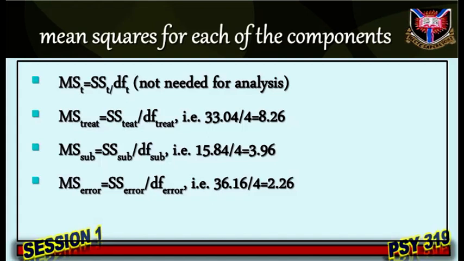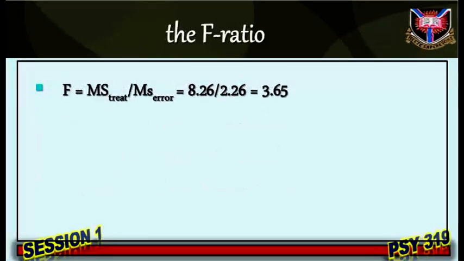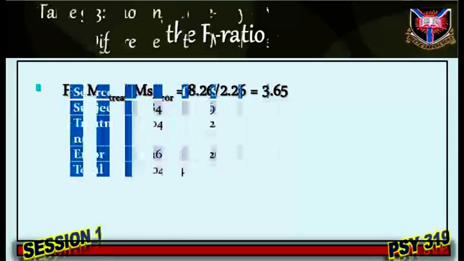MS error is equal to SS error divided by DF error, that is 36.16 over 16, equal to 2.26. Compute the F ratio. F is equal to MS treat over MS error, which is 8.26 over 2.26, equal to 3.65. Now, you need to present your result in a table.